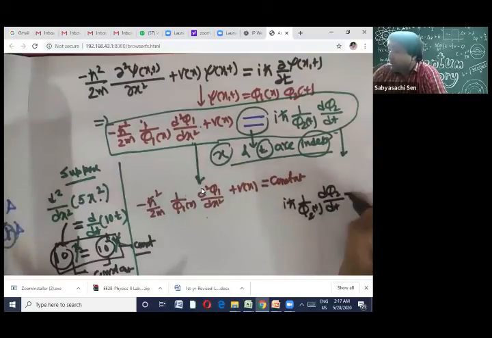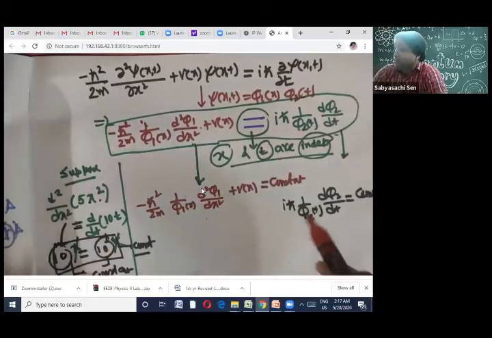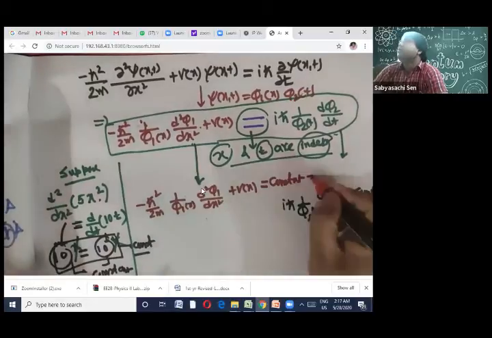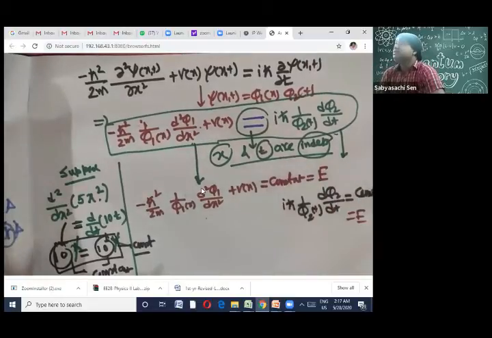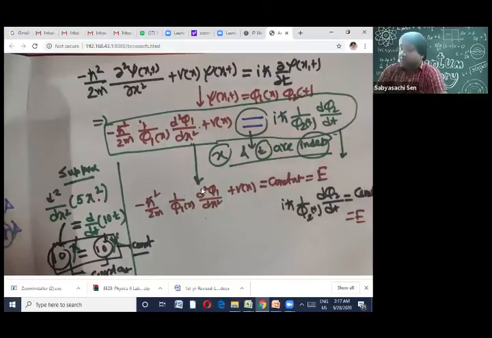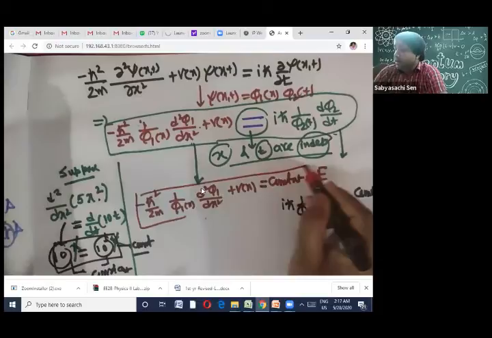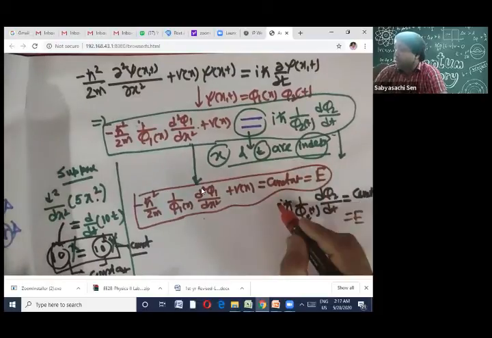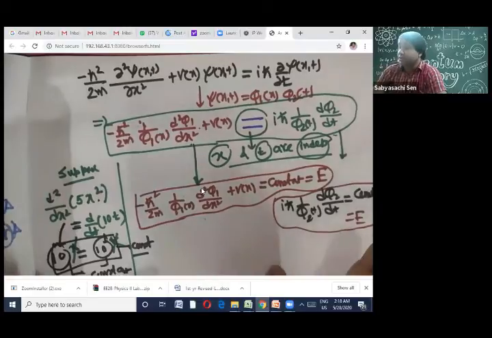I will also get a constant. Now let that constant be considered as something like E. Why E and not A, B, C, D? We'll discuss it later on. So now this is the equation. E is like that 10, and both sides are equal to the same constant E.